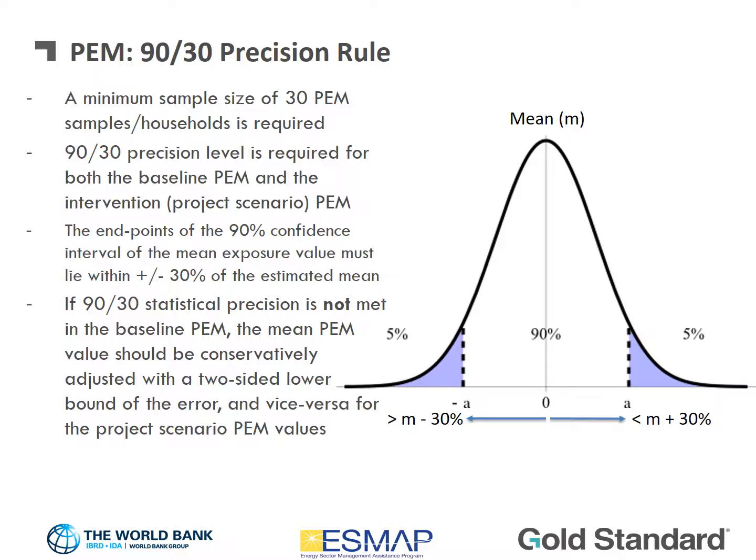Now, for the project scenario, if the 90/30 isn't met, then you use the upper bound of the error. So you use the highest value of the project scenario measurement. And this will be described further in the following discussion of the worksheets.